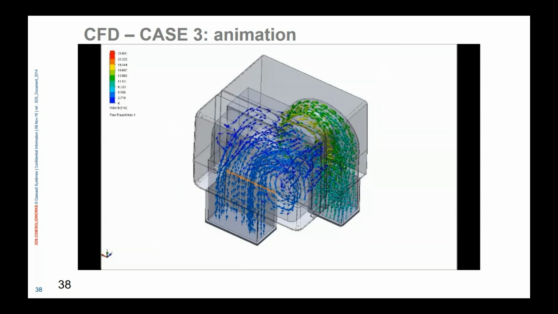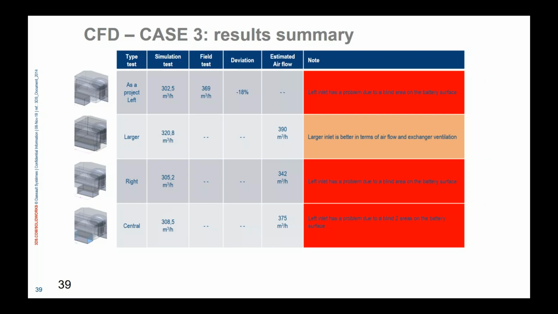So in the end, they discovered that the larger model approach was dealing with a more enhanced airflow. So versus the already on the market project, they discovered that they had a very large increase in this case. So very good, interesting case for flow simulation.